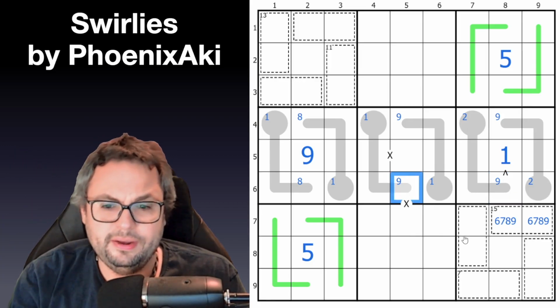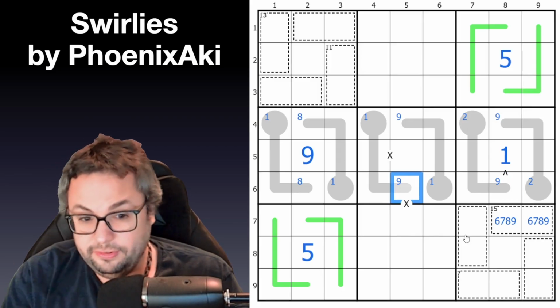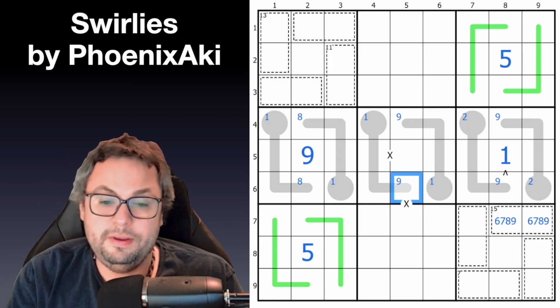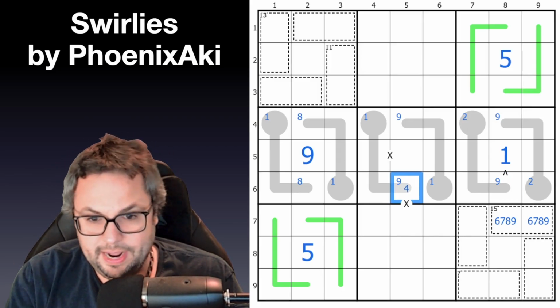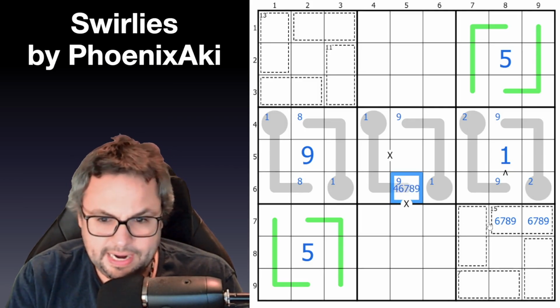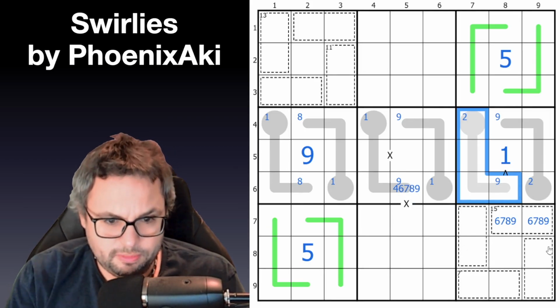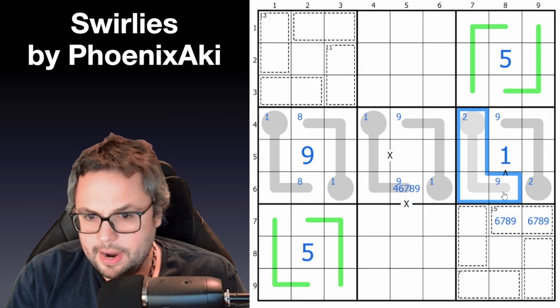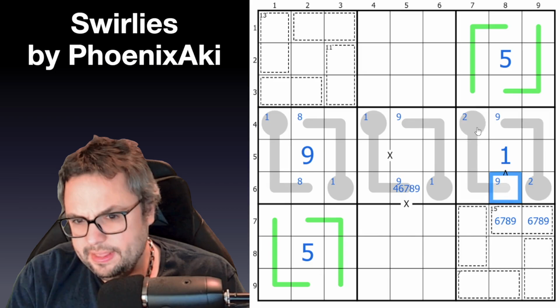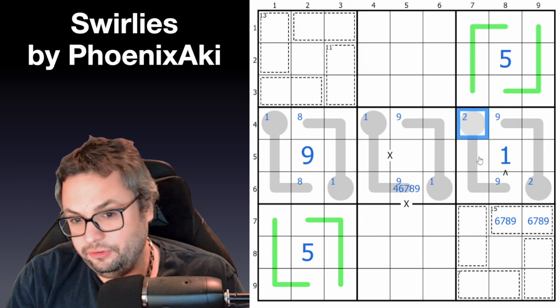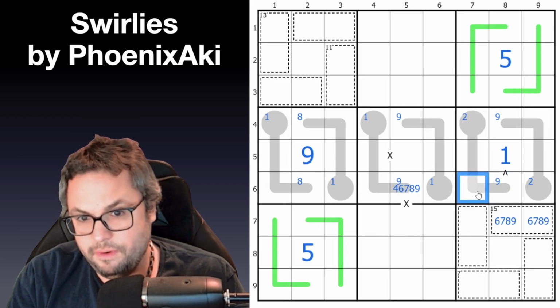Okay, I'm going to write this down. So this number, as far as I know, could be 4. If not, it's on an X, so it's not 5. So it's 6, 7, 8, 9. That doesn't look super useful. I'm trying to get things that look like they're related to German Whispers in some way. In this thing, we know that that's at least 2. So this is a minimum 2, 3, 4.